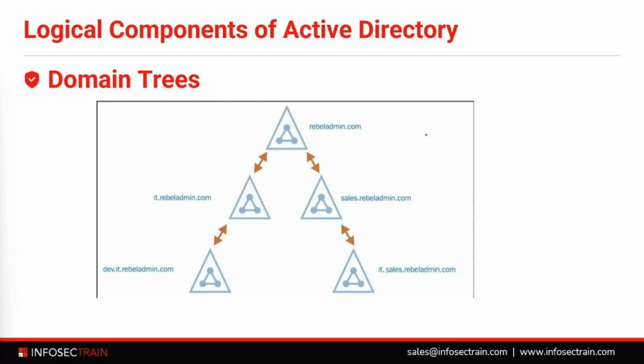My parents and I are bound by parent child relationship, and it is different from other relationships. Similarly, domains in the domain tree, they have parent child relationship, right? The first domain in the domain tree is called parent domain, and that is root domain as well. So all the domains in the domain tree, they are called child domain, right?